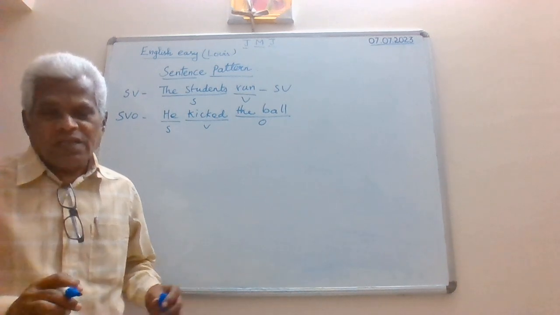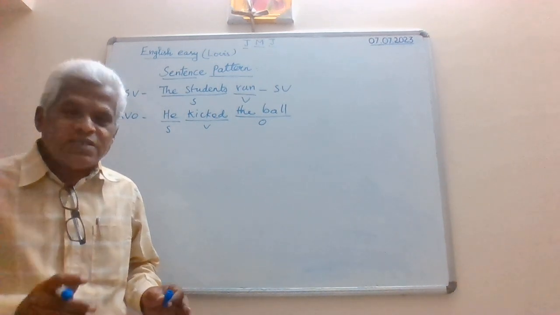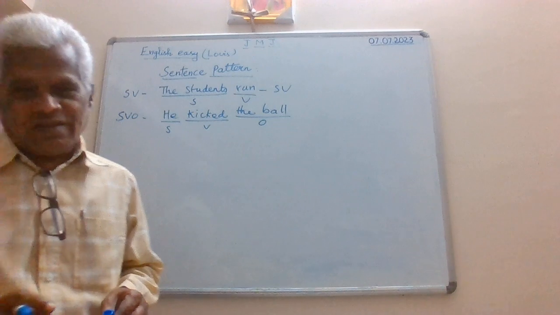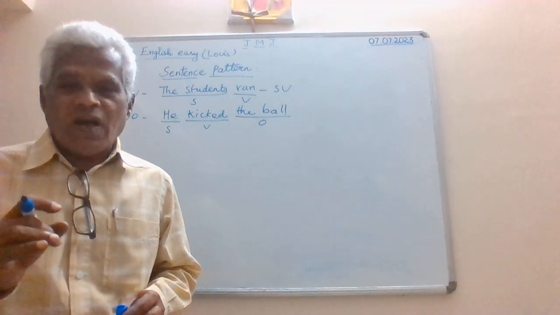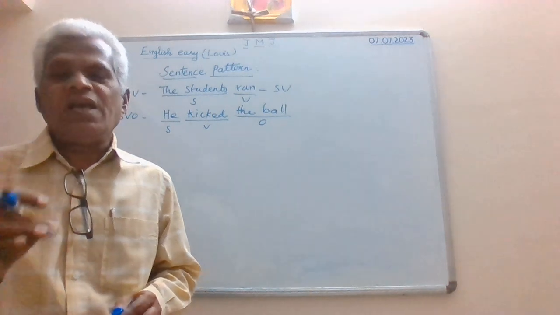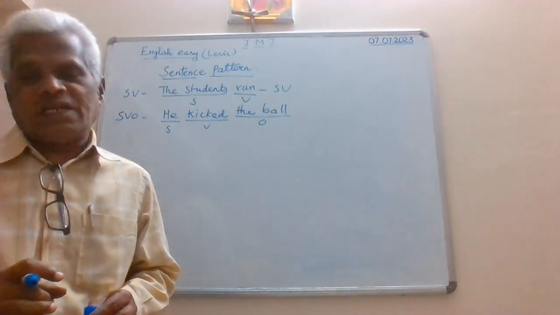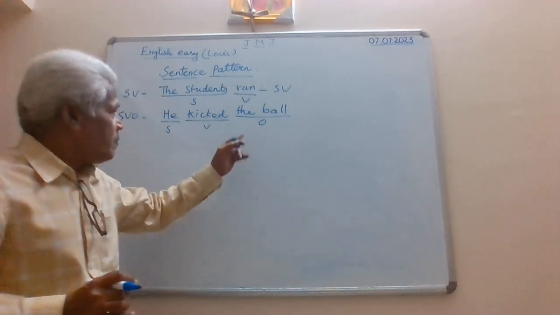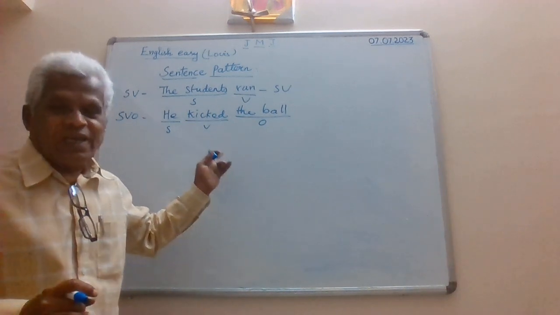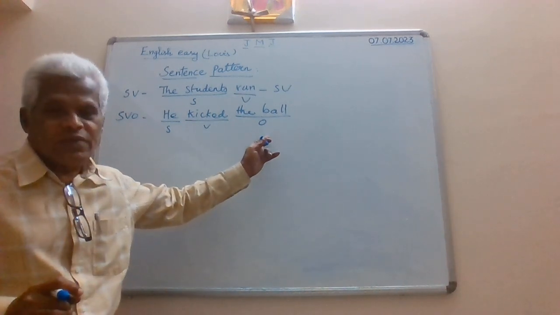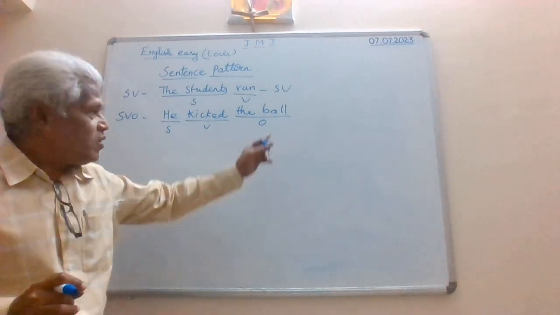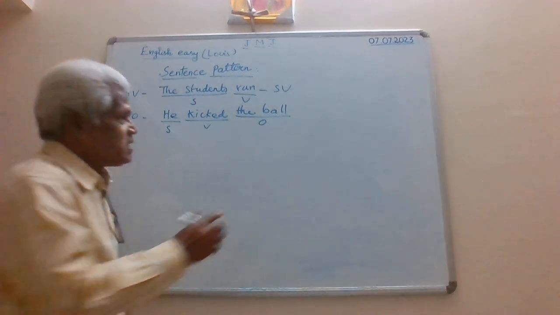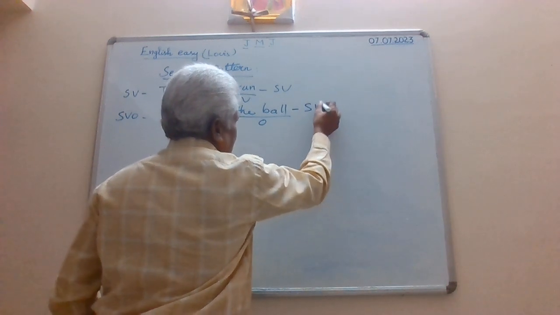Object is the word that becomes an answer to the question what, if you ask this question what from the verb that is given in the sentence. Here, what did he kick? He kicked the ball. So the ball becomes an answer to the question what, to the verb kick. Therefore the ball is an object. So this is the SVO pattern.